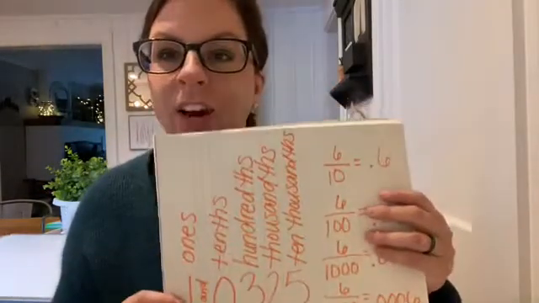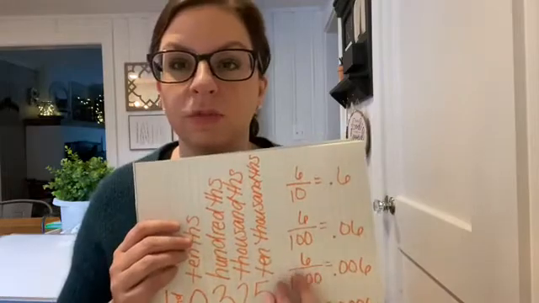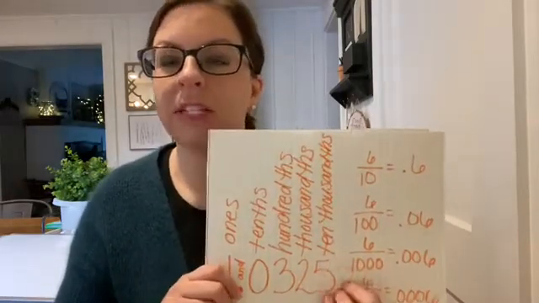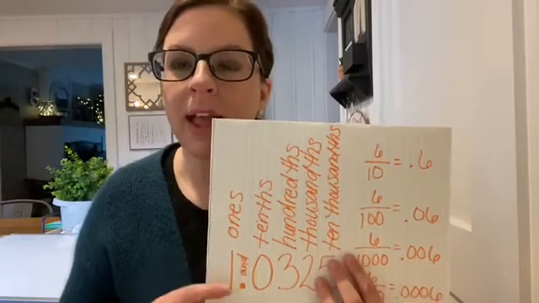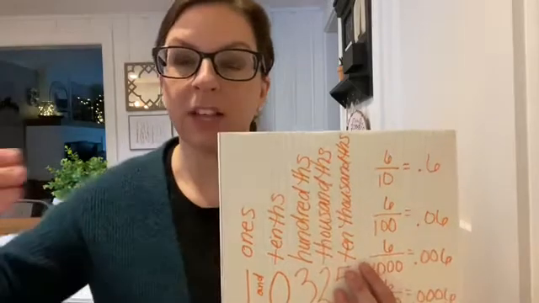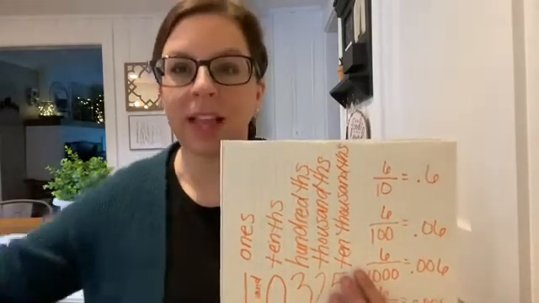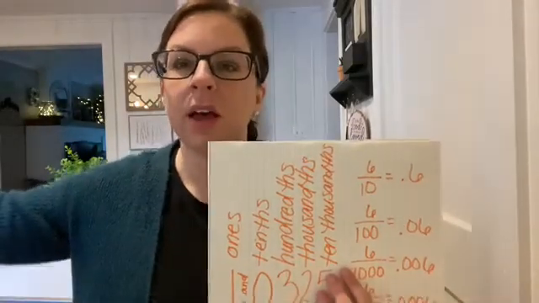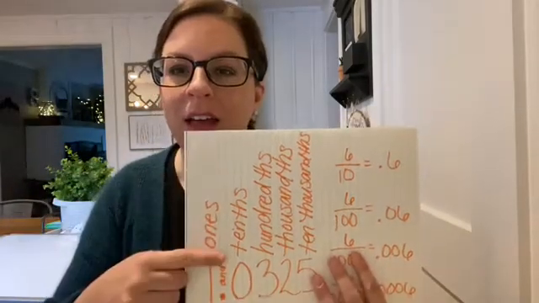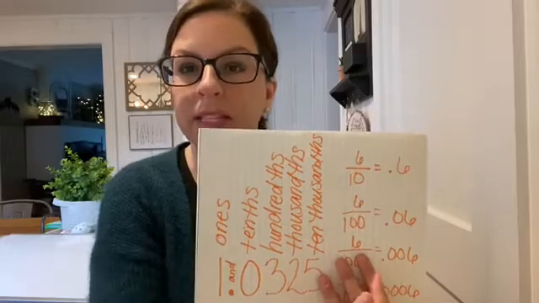Let me show you on here. If you remember in our classroom way back then, I had a place value chart on the wall, and it had whole numbers: ones, tens, hundreds, thousands, 10,000s, 100,000s, etc. And then it also had decimals.